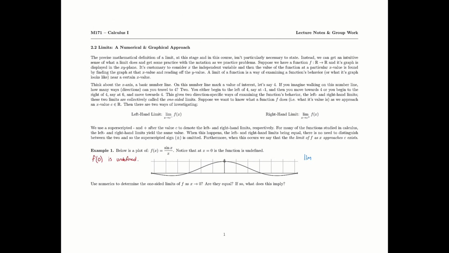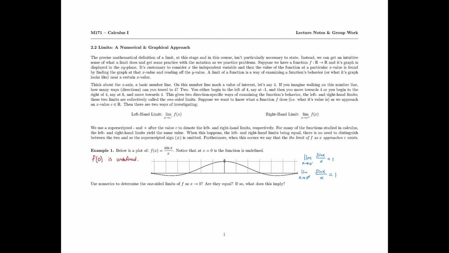We know visually, from looking at it, that as x approaches 0 from the left of sine of x over x, we get 1. And as we approach 0 from the right-hand side, we also get 1. Okay?